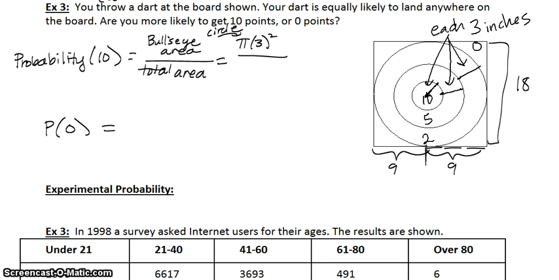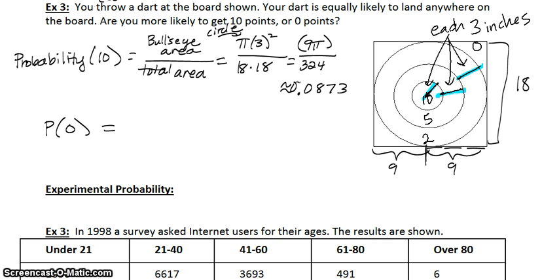And again, I got that by adding together the ring amounts. So it's a square, so I can do 18 times 18 for my area. Now, be careful when you type this in. I want 9 pi together divided by 324. And we end up with 0.0873. So that's our probability of getting the bullseye. Not a very good chance.